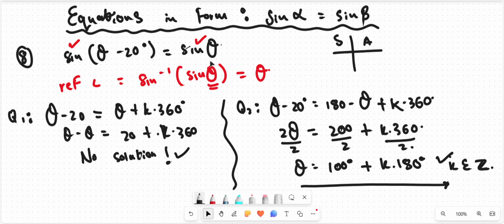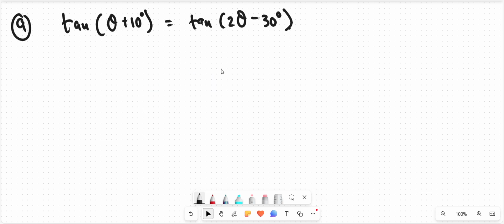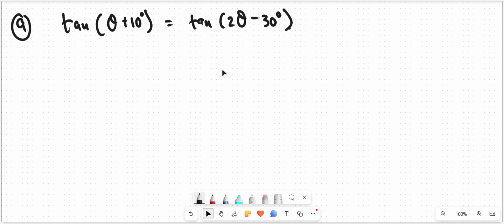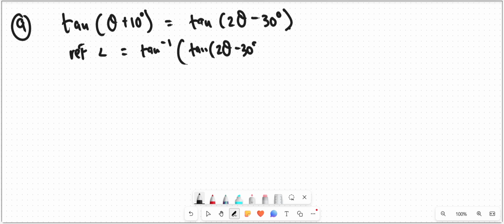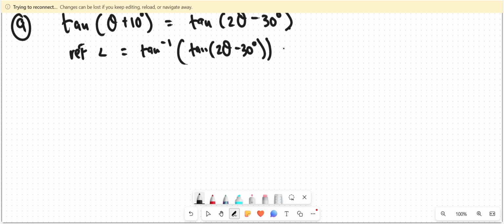Let's do another example that looks like this. Here again, we have the same idea. We have tan on both sides. So if we find our reference angle, then we're taking inverse tan of this tan right here, which is 2 theta minus 30 degrees, the one that has that angle there.